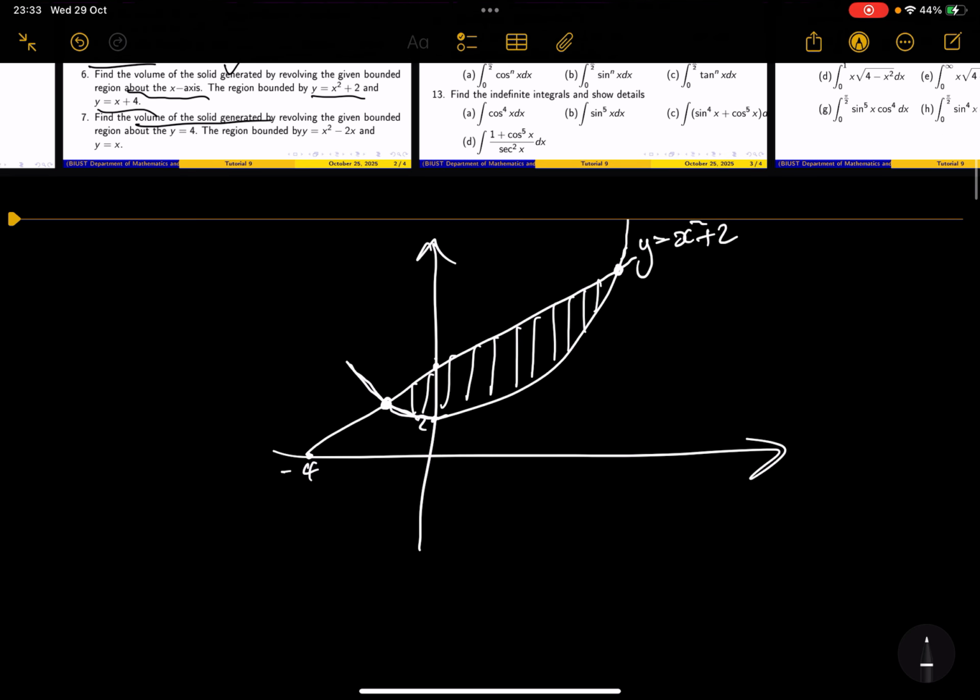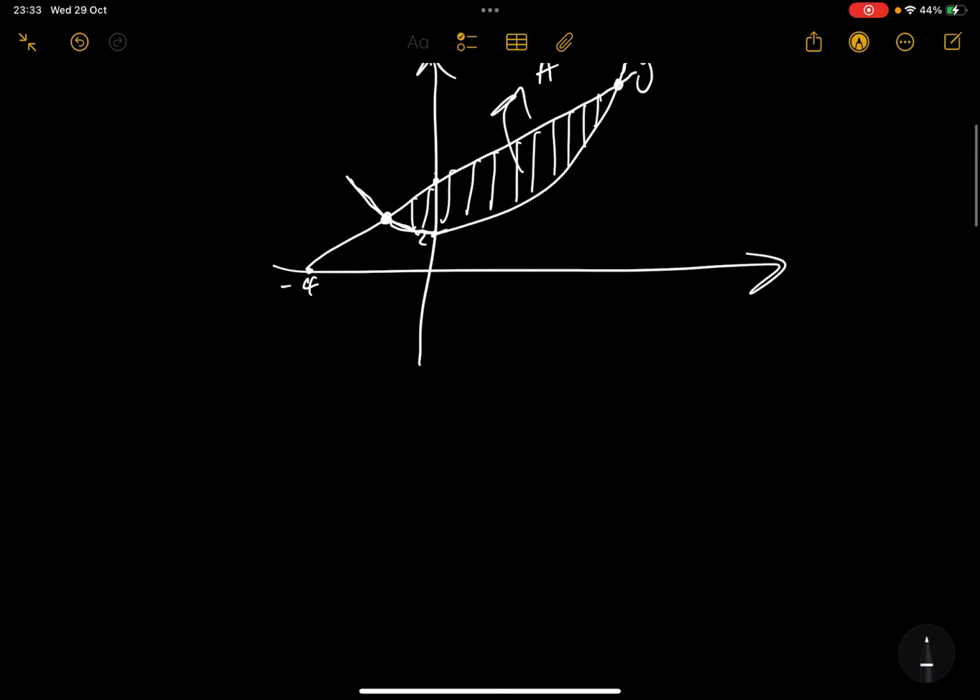So we're looking for the volume of this region A. So how do you find the volume? It says it is revolved about the x-axis, which means the volume is equal to pi times the integral from alpha to beta of y squared dx.